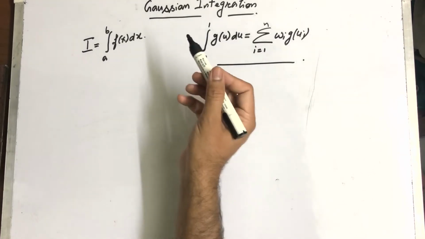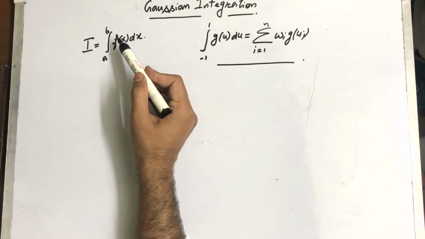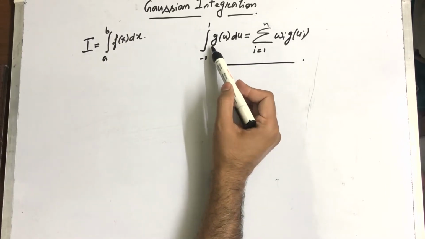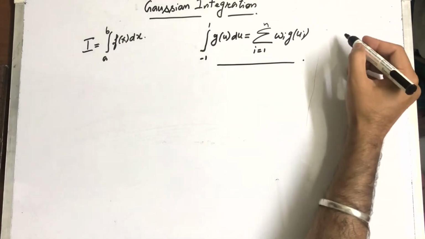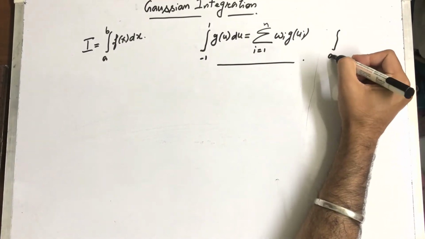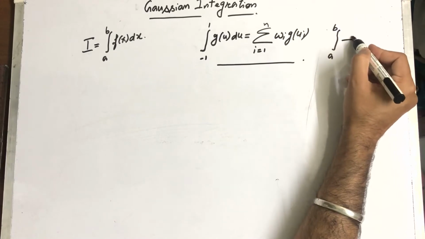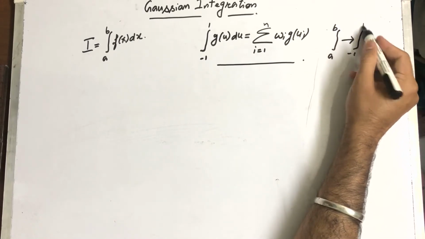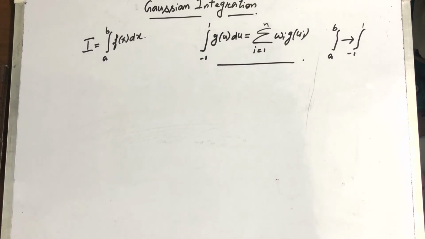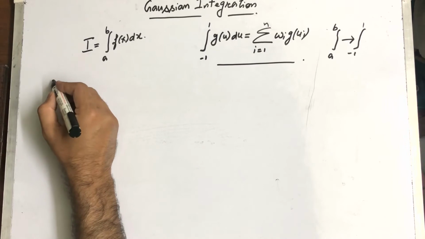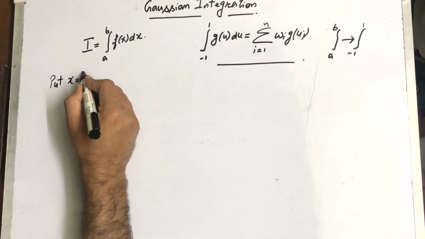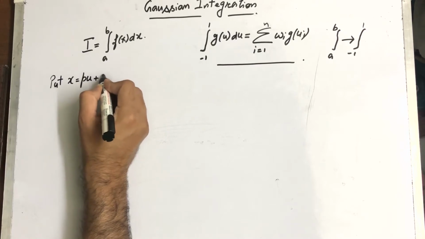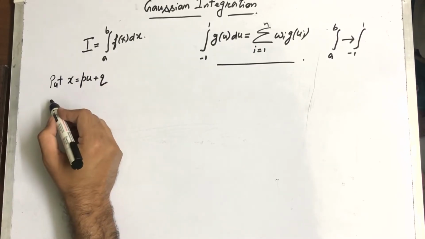Now as you see, we are given this function, but the formula is in terms of g(u) du, with limits from -1 to 1. So first of all we have to transform this limit a to b into -1 to 1, which is the requirement for Gaussian integration. For this transformation we use the substitution method and we put x is equal to pu plus q with conditions.